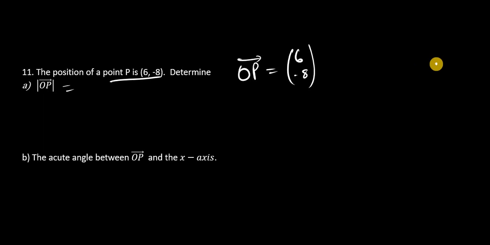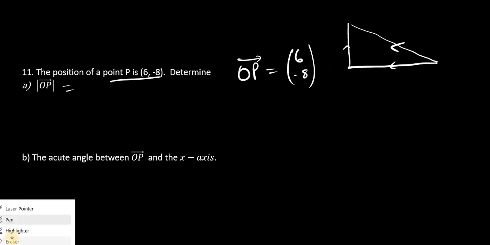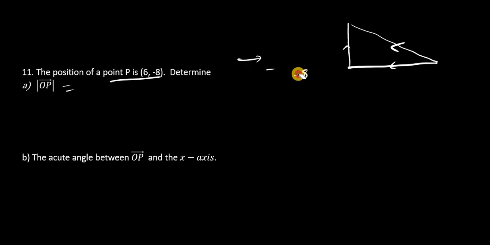So it means that if we are at a point here, we go 6 to the left and 8 up, and so this will be our vector. I mean, this is not drawn to scale, okay? I think I did this wrong. Let me go over this part again. Yes, I did do that wrong.